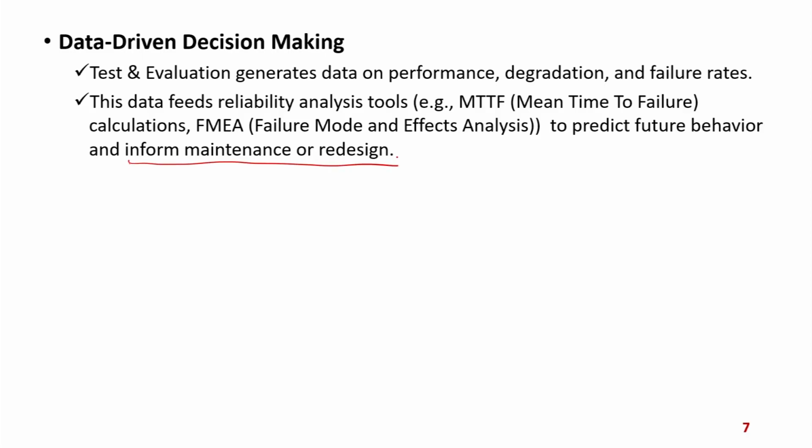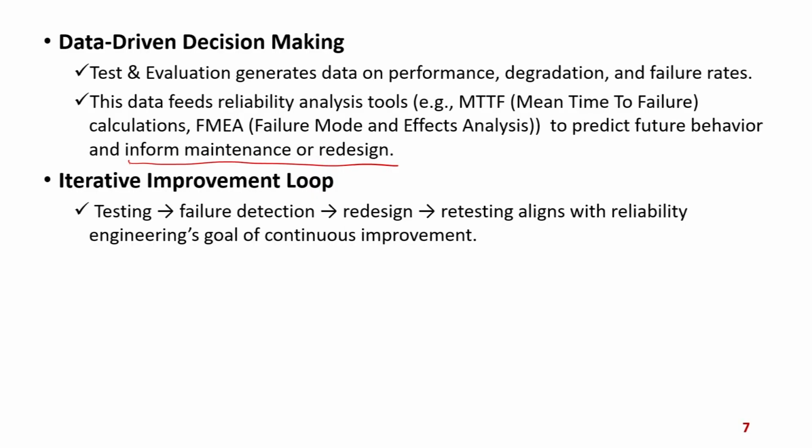So, that is why this particular activity, this particular branch, reliability, is very important, because without that you cannot guarantee some performance, or you cannot have that confidence. The confidence is only possible through this detailed test and evaluation as per the reliability guidelines.